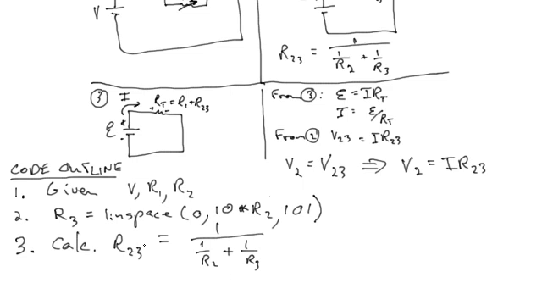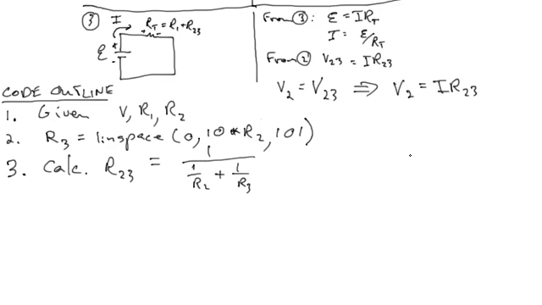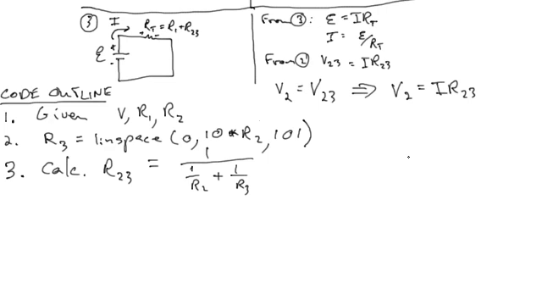That's actually going to create an array of 101 values for R23, and I do have to remember I'm probably going to need to use a dot slash there, and maybe a dot slash there in the code, but that's more technical details in the code outline.